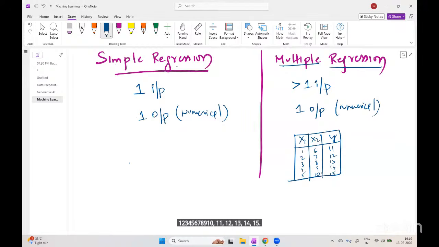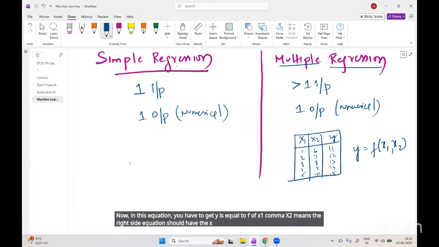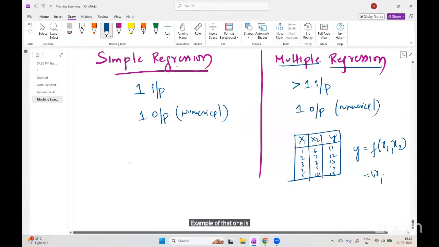In this equation, y is equal to f of x1 comma x2. It means the right side of the equation should have the x1 variable and the x2 variable also. Example of that is 4x1 plus 5x2.